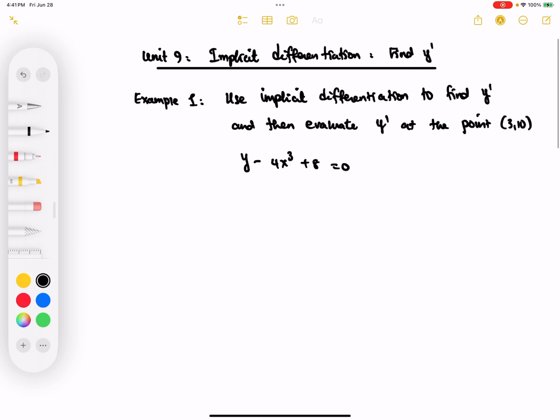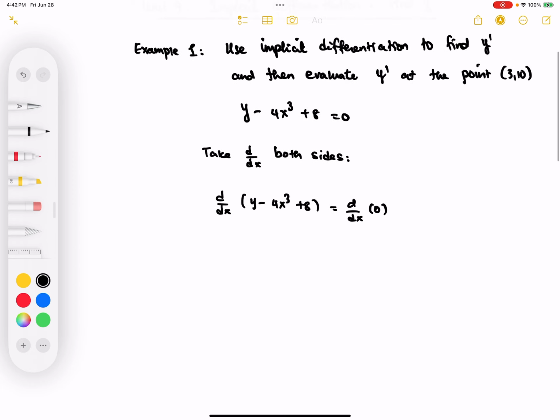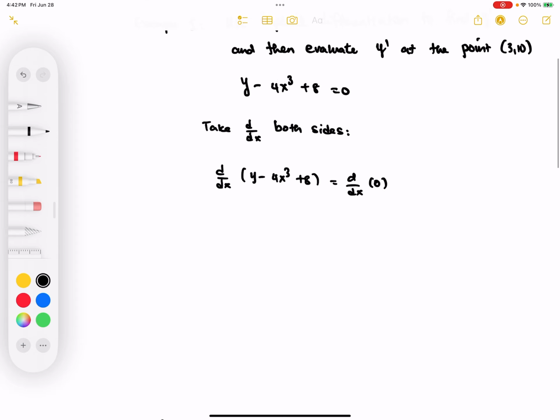So my first step, take d/dx of both sides. That means d/dx of y minus 4x cubed plus 8 is d/dx of 0. Now I have to apply d/dx to each term.